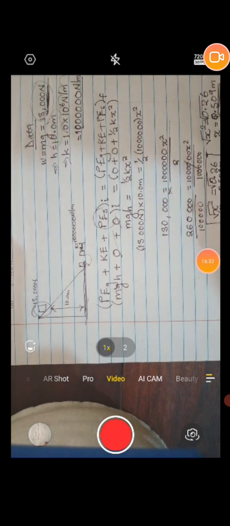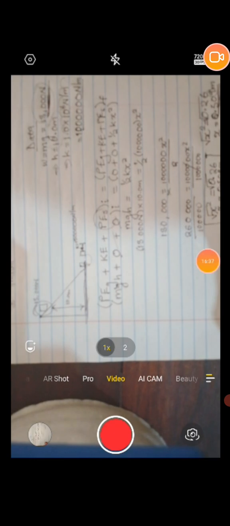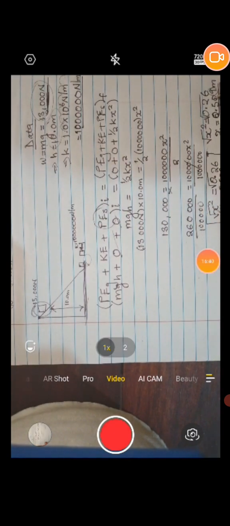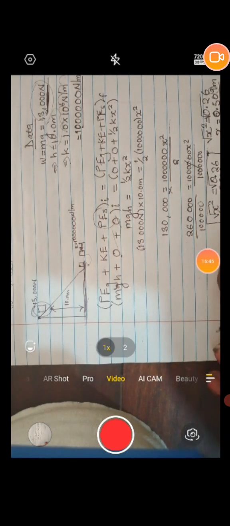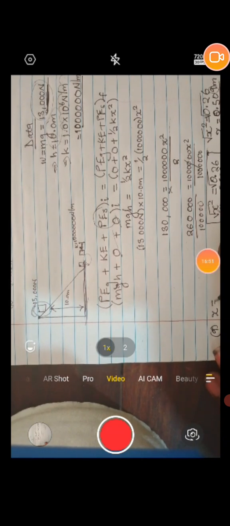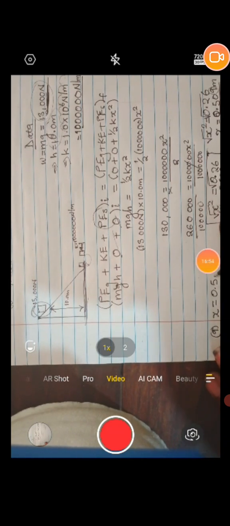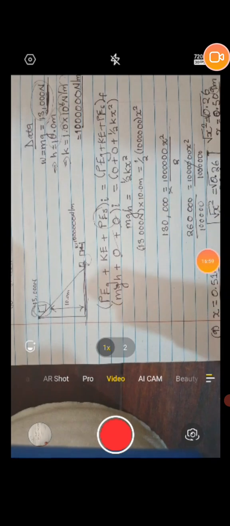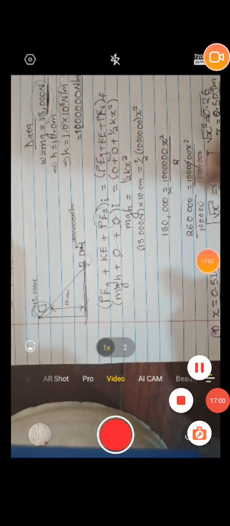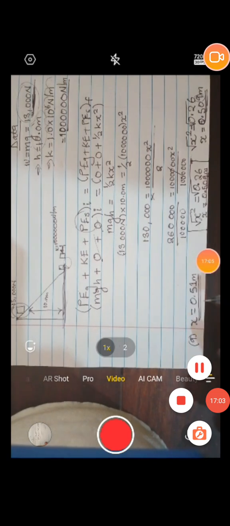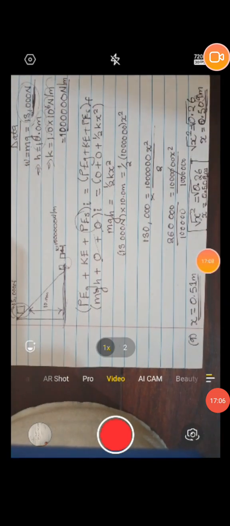You count 1, 2, 3. Since the next number is above 5, you add 1 to this, and your final answer for A becomes x equal to 0.51 meters. So this was the distance the spring was compressed by the car as it hit the spring.